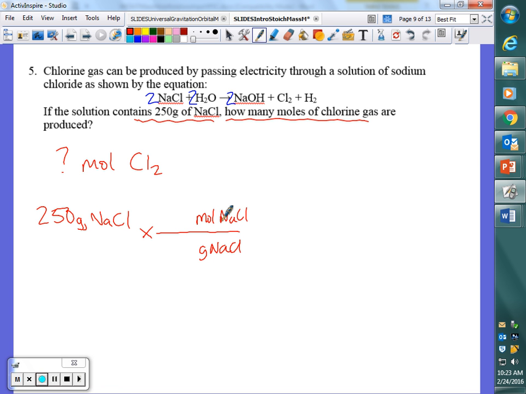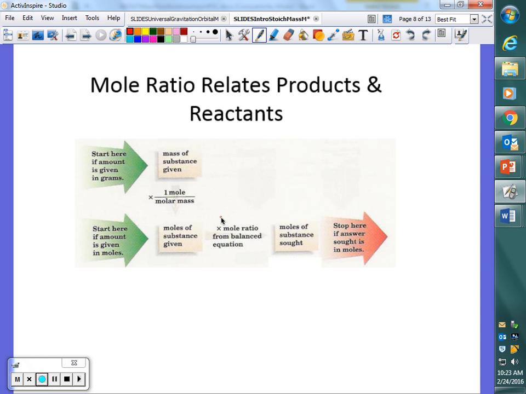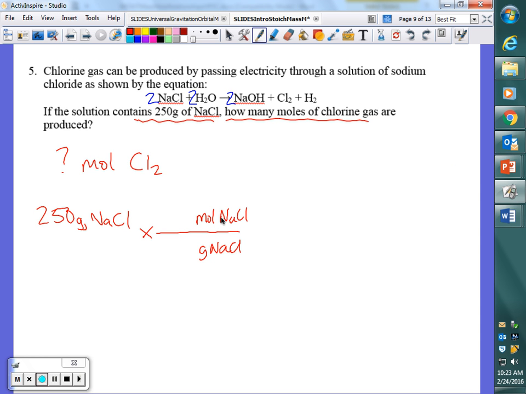In the previous problem that we did, we used the molar mass second. Here, we have to use the molar mass first to get a number in moles, right? But do we want to end up with moles of NaCl? No, right?